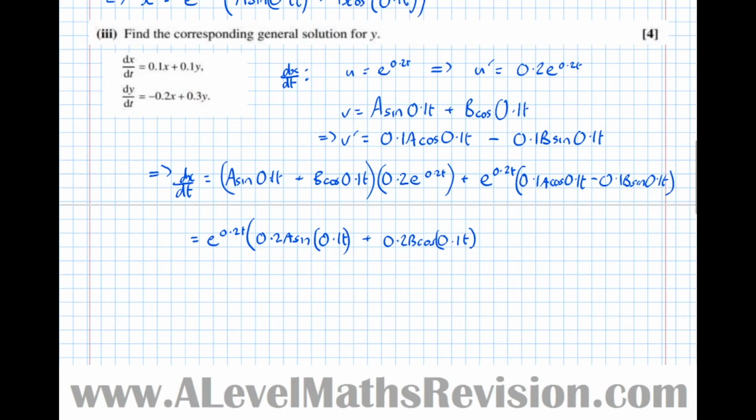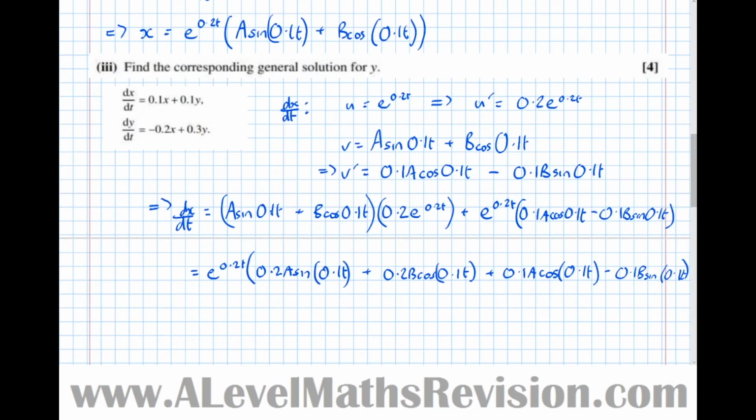I know I haven't above, but whenever I remember, I will put brackets around those. Okay, then plus 0.1a cos of 0.1t minus 0.1b sine of 0.1t.